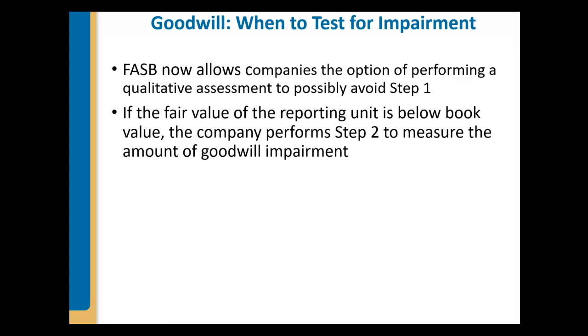Companies selecting this option will perform a qualitative assessment by evaluating relevant events and circumstances to determine whether it is more likely than not, a likelihood of more than 50% is what that means, that the fair value of a reporting unit is now less than its book value. Only if that's determined to be the case will the company perform the first step of the two-step goodwill impairment test.